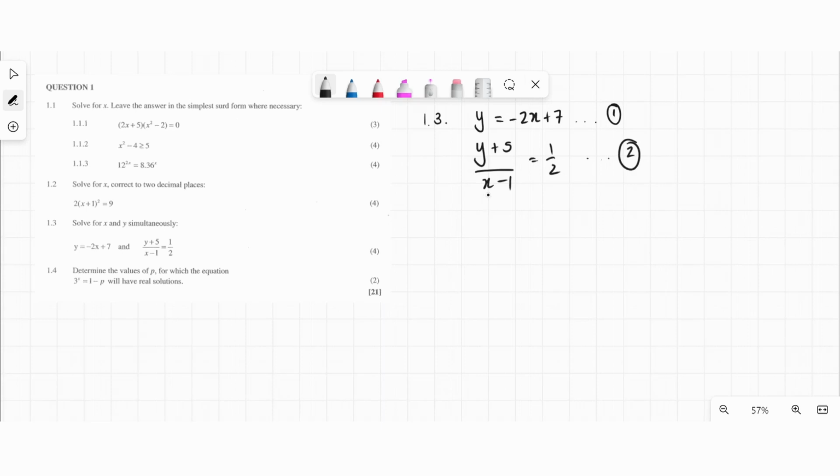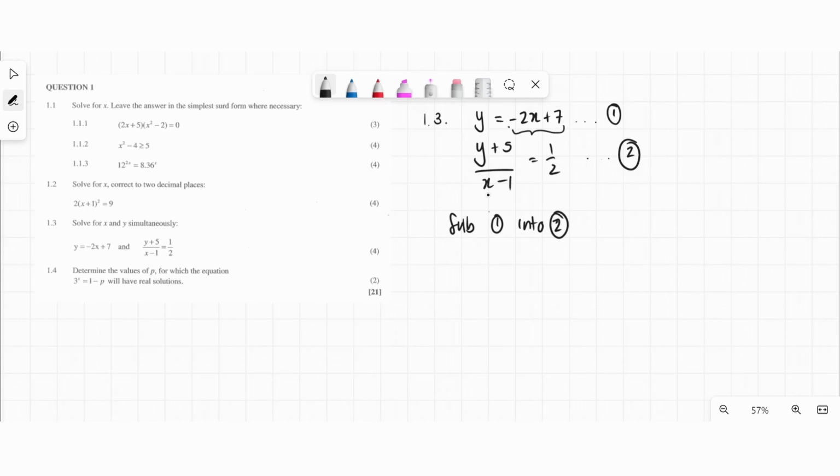So what I'm going to do is, already the first one is in terms of y. I'm going to substitute equation 1 into equation 2. So wherever I see y, I'm going to substitute it by this. So let's do that. Substitute 1 into 2, right?